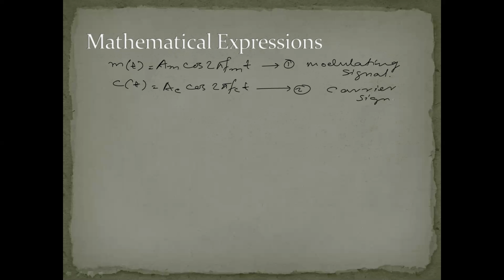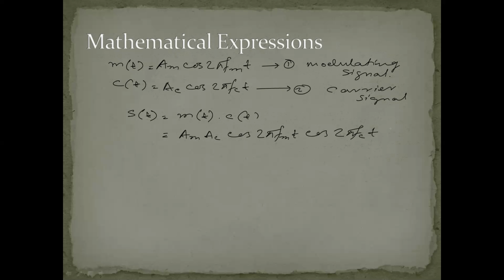This is the carrier signal. Now s of t is given by m of t into c of t, which will give you Am Ac cos 2 pi fm t cos 2 pi fc t.